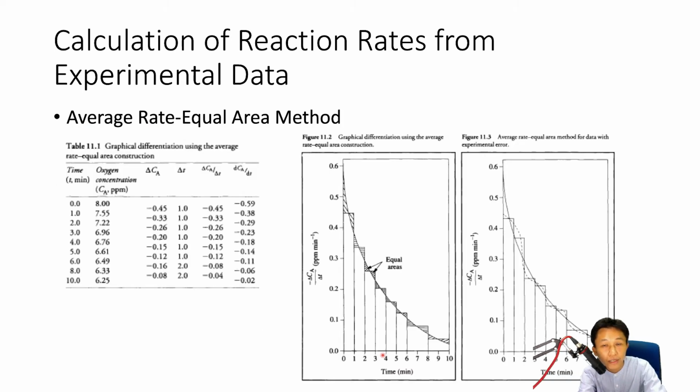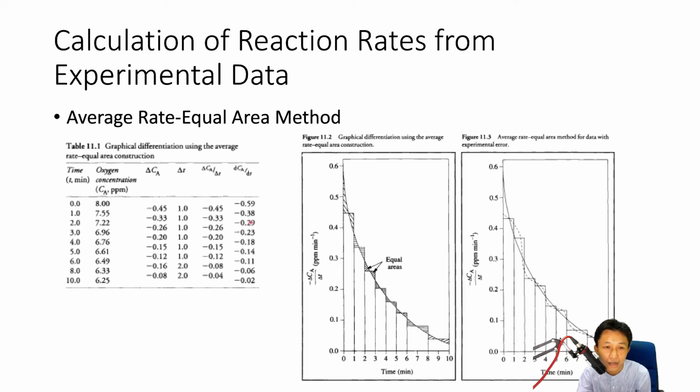And from the experimental data, something like this, you have time in minutes, from 0 to 10 minutes, and then you have oxygen concentration, which is related to the previous one. So your oxygen decreases over time, like this. And then you have the different times.